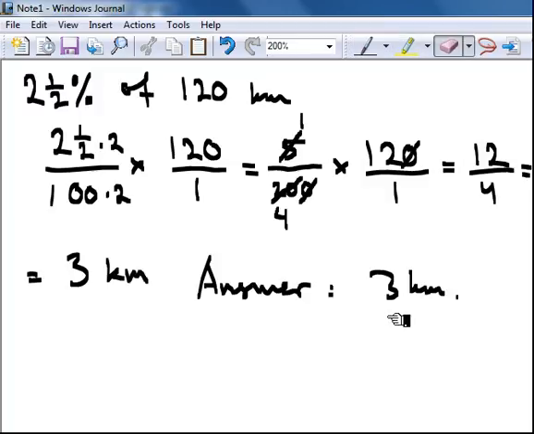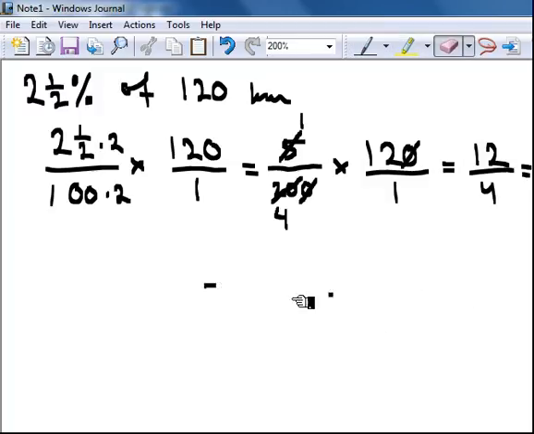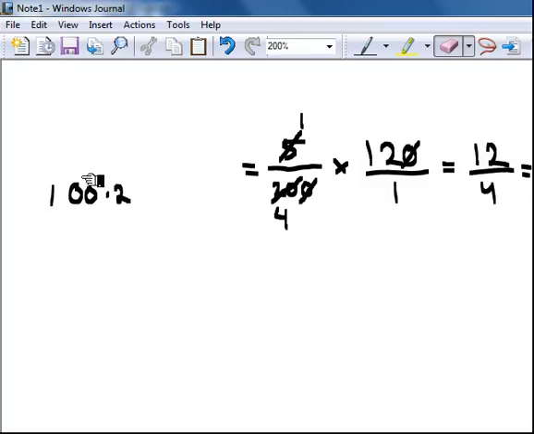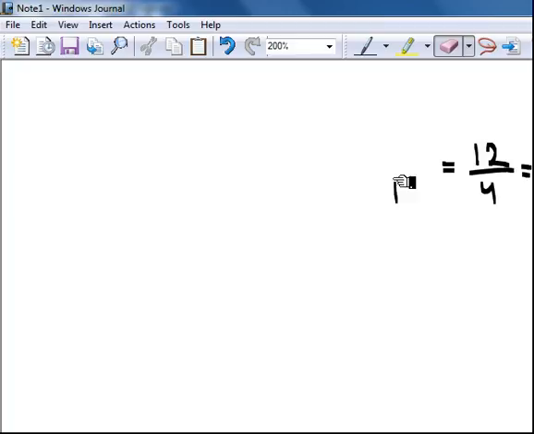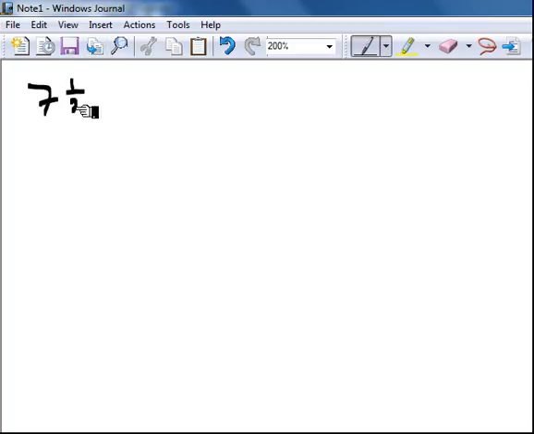Let's do one more. Maybe a little more tricky. We're gonna calculate 7.5% of, this time in euros, 450 euros.